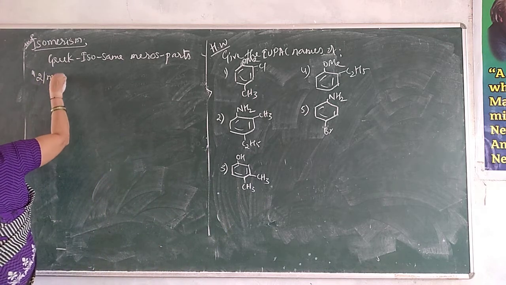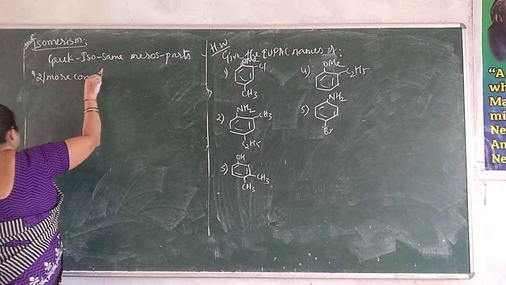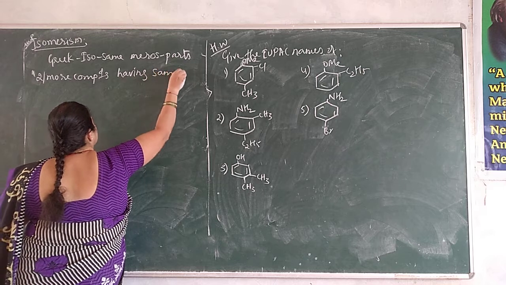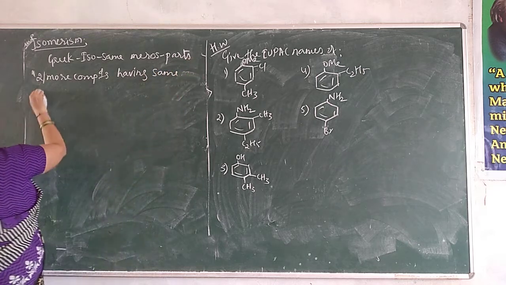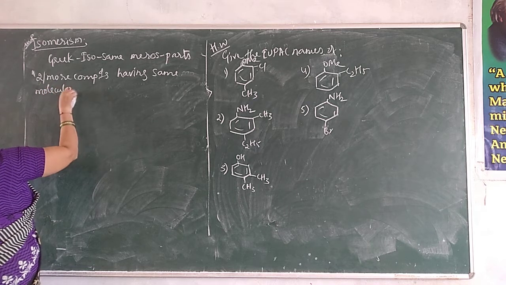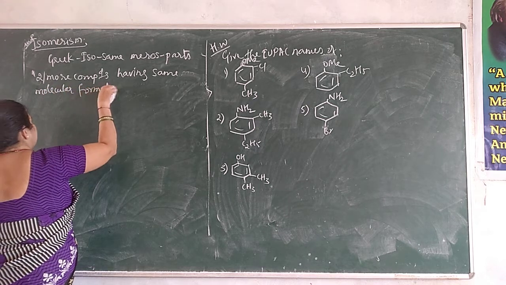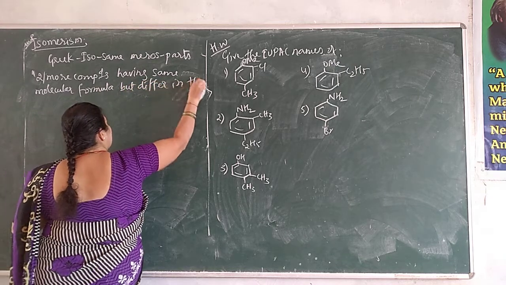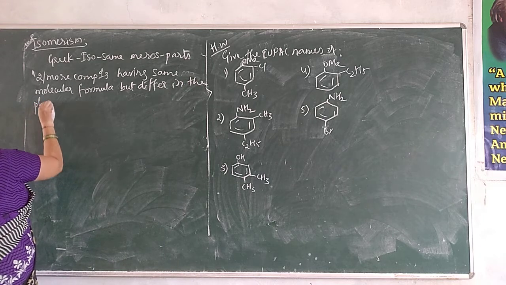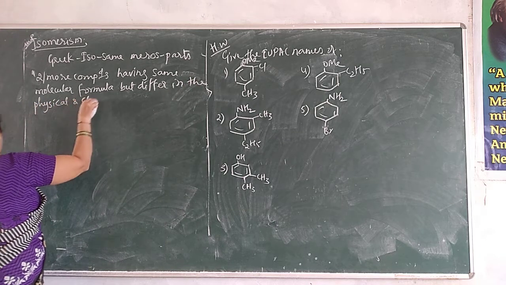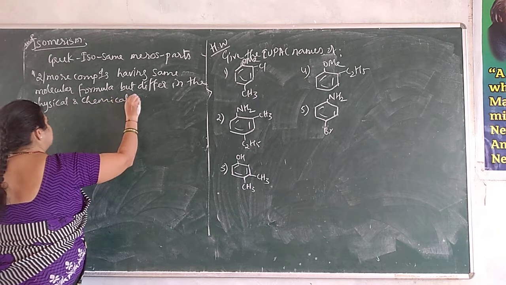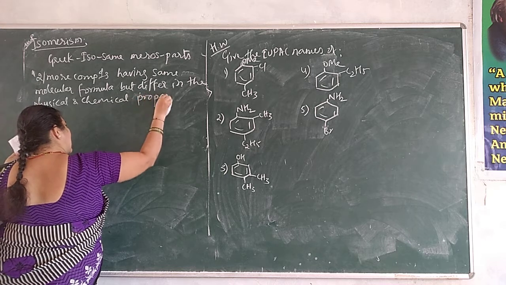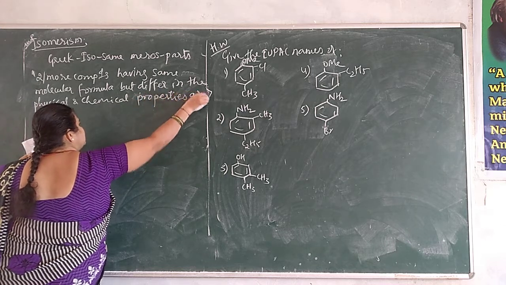2 or more compounds having same molecular formula, but differ in physical and chemical properties are called isomers.